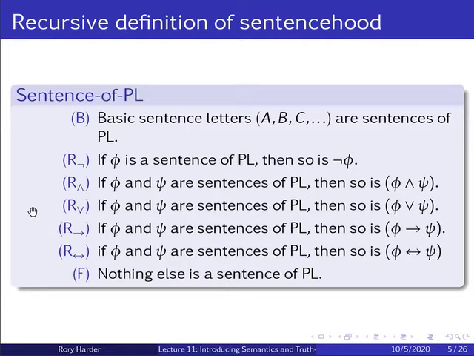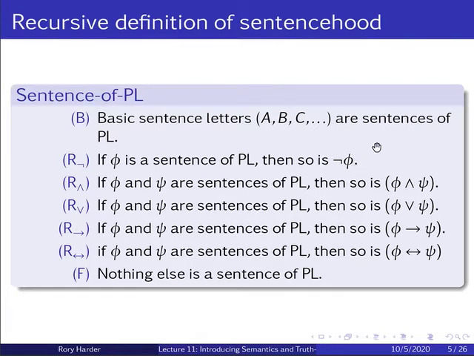So for instance, the first rule for what it means to be a sentence is that any basic sentence letter by itself, for instance, A or B or C, is itself a sentence. And then the rest of the rules tell us that we can construct complex sentences by using the connectives. So for instance, if you have a sentence A, you can create its negation.